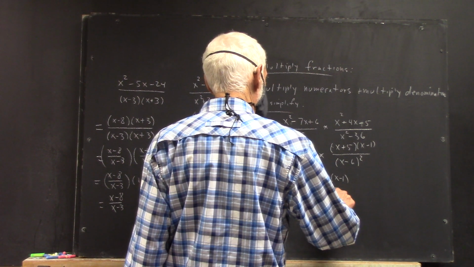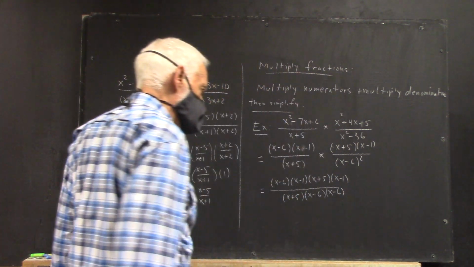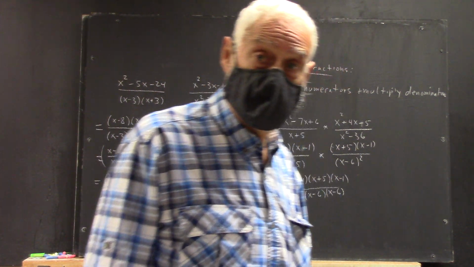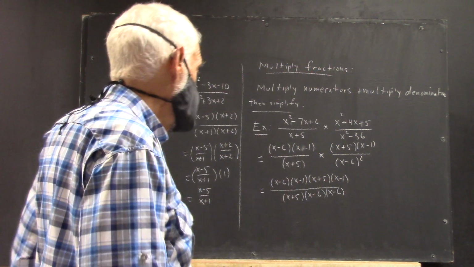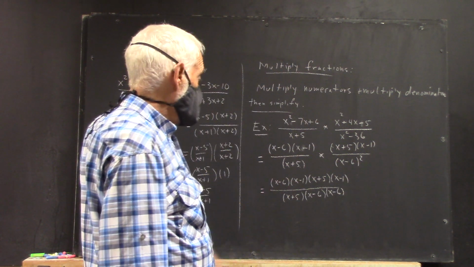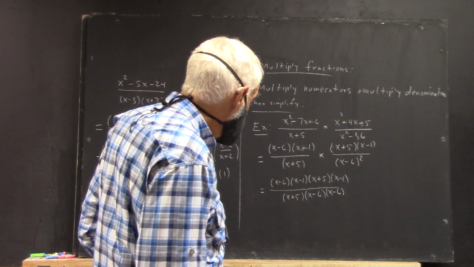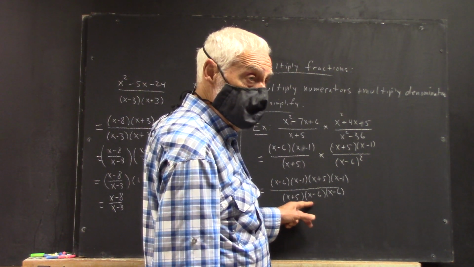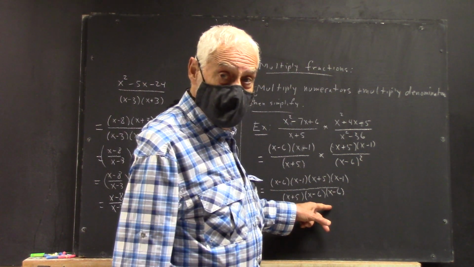And x minus 6 squared, I'm going to write out as x minus 6 times x minus 6. There won't be any confusion with exponents and stuff. Although you need to be able to deal with that, I'm not going to bother with it. Okay? So now what do we do? Well, we see we have an x minus 6 here and an x minus 6 here. We can use this one or this. We can't use them both. Okay?